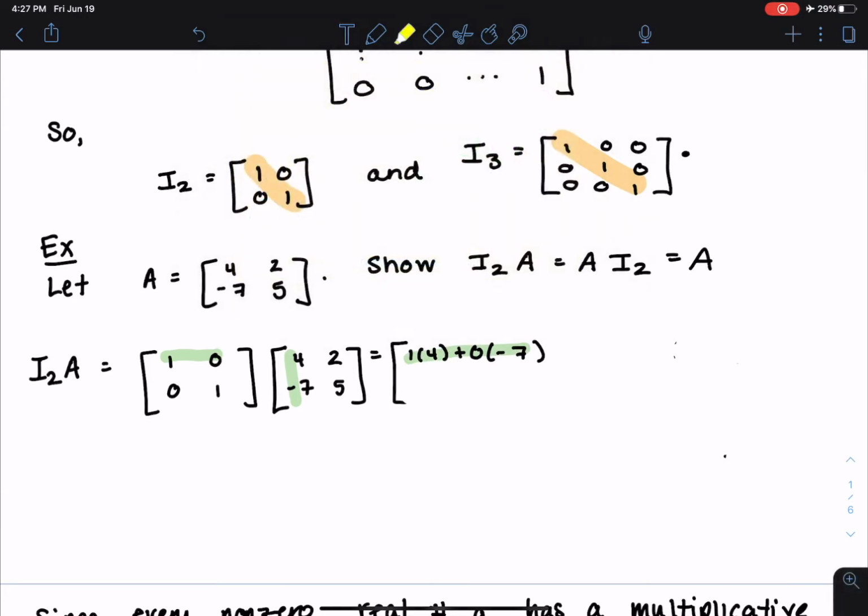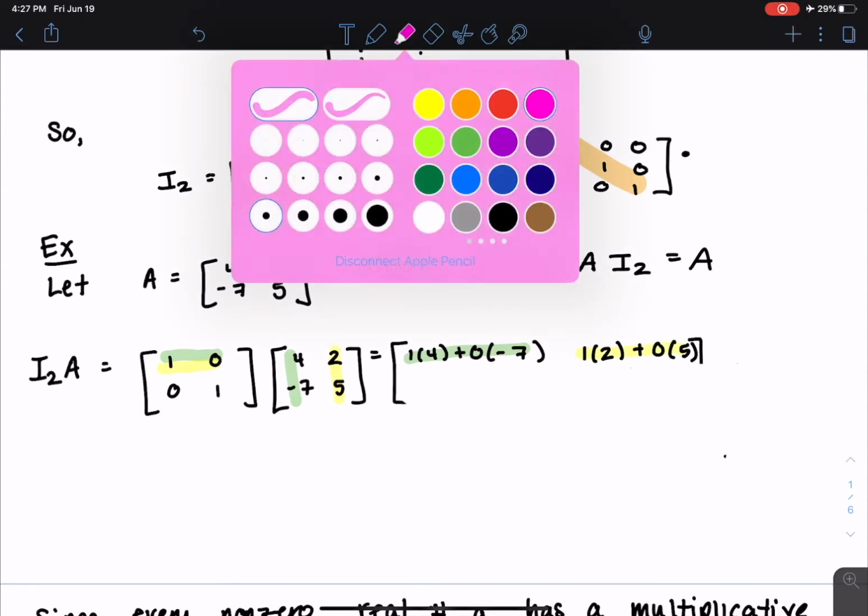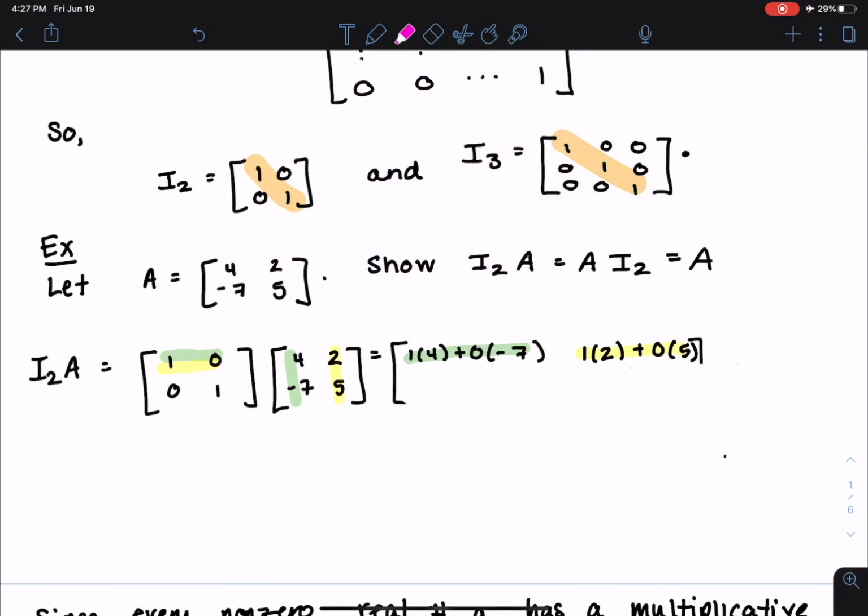If I want to move on and get the element in my multiplication of the first row, second column, I'm going to multiply these two together. So we'll get 1 times 2 and 0 times 5. That results from multiplying this specific row and column. Now if I move on and I want the 2,1 position, I do second row, first column.